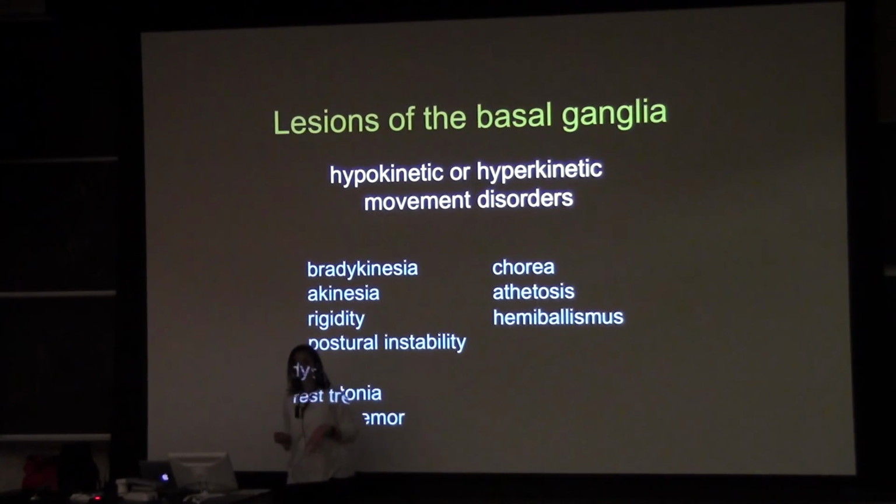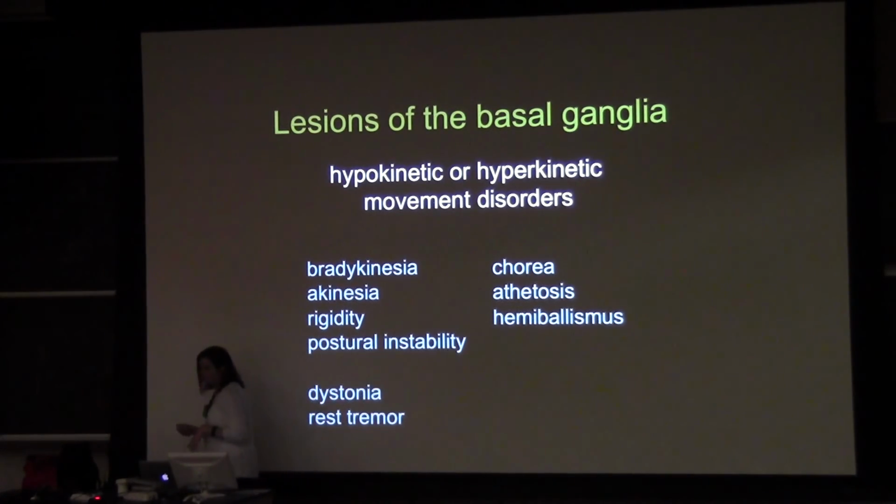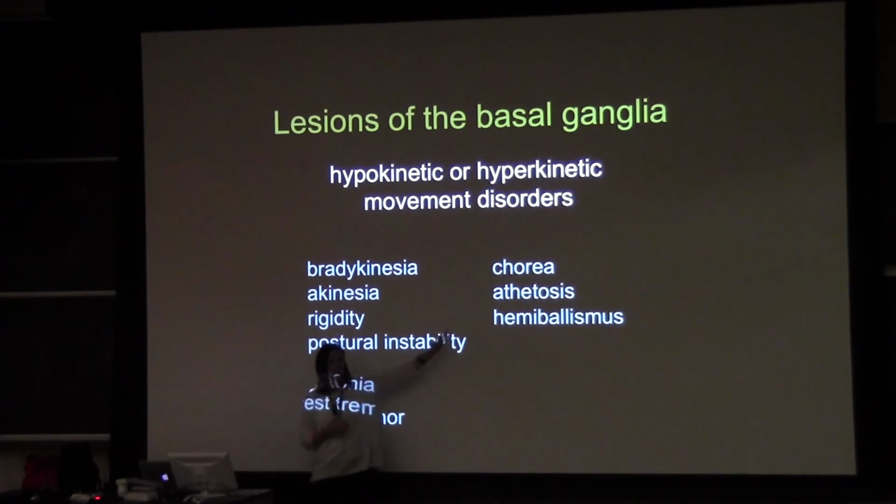So there's something called chorea. Chorea means to dance, and it's an involuntary movement that looks wiggly. It's fast, but not super fast. You see patients with Huntington's disease develop chorea, and these are involuntary movements. These are movements that you're not trying to make at all.